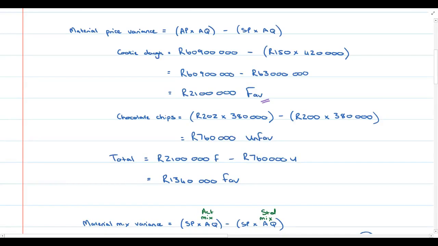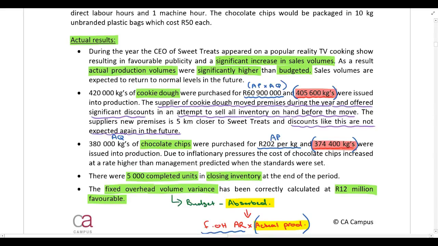Then for chocolate chips, we calculated that the material price variance is 760,000 Rand unfavorable. So once again, let's go back to the information provided in the scenario to determine the cause of the variance. You were specifically told that due to inflationary pressures, the cost of chocolate chips increased at a rate higher than management predicted when the standards were set.